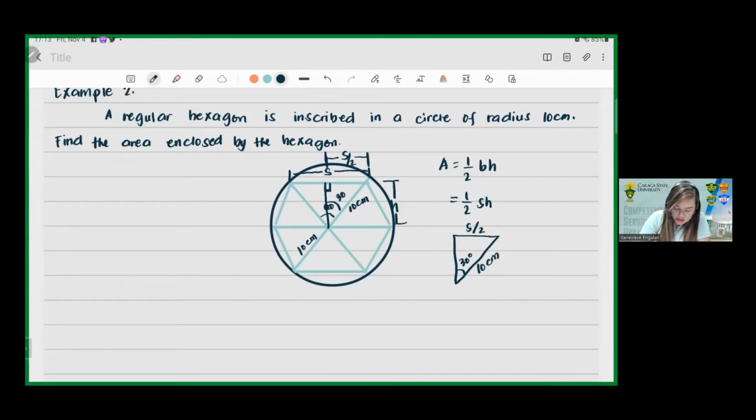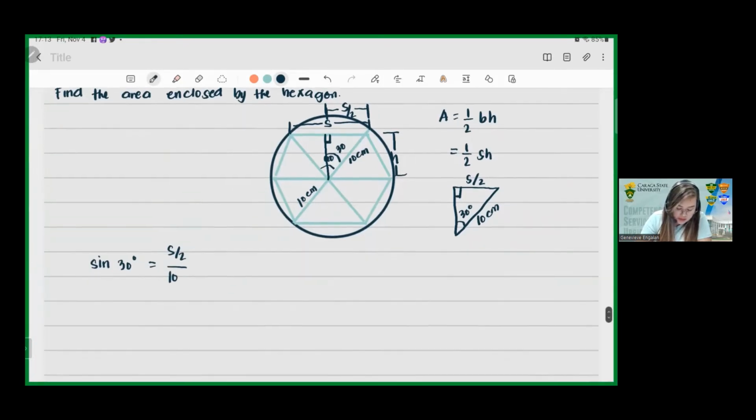Using sine of 30 degrees, sine is opposite over hypotenuse. This is the right angle. The opposite of 30 is S over 2, and the hypotenuse is 10 centimeters.